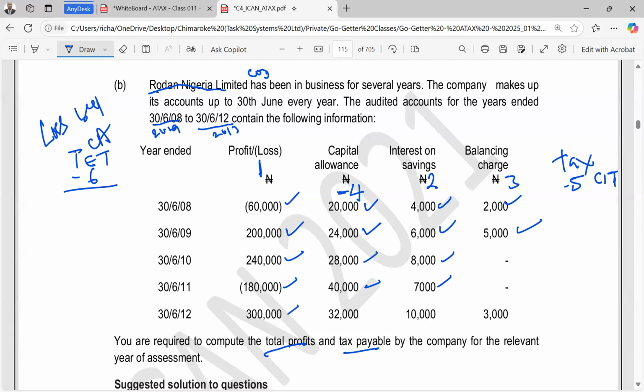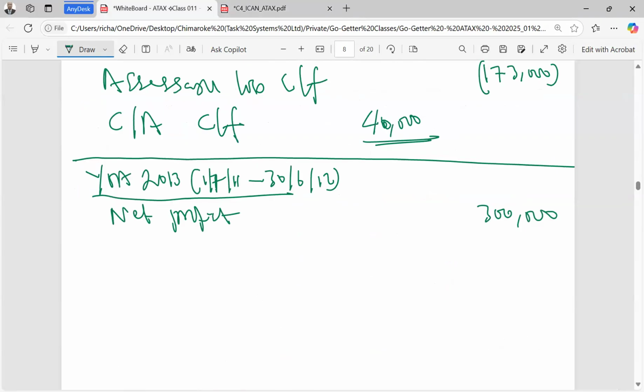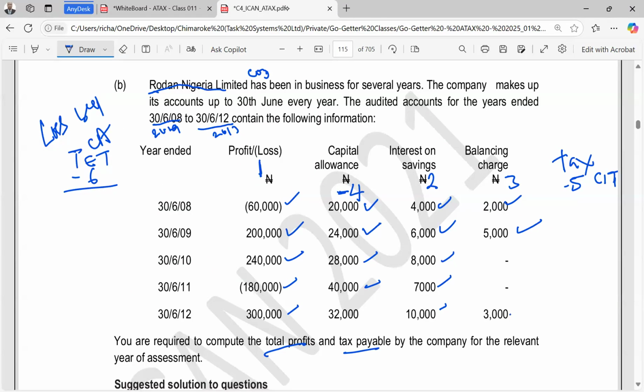Interest on savings 10,000. We also have balancing charge, 3,000.